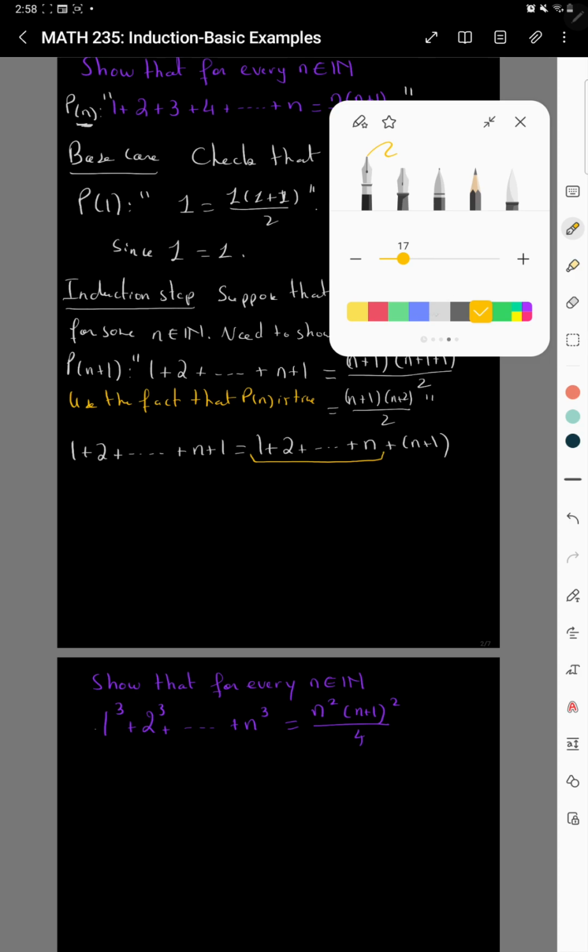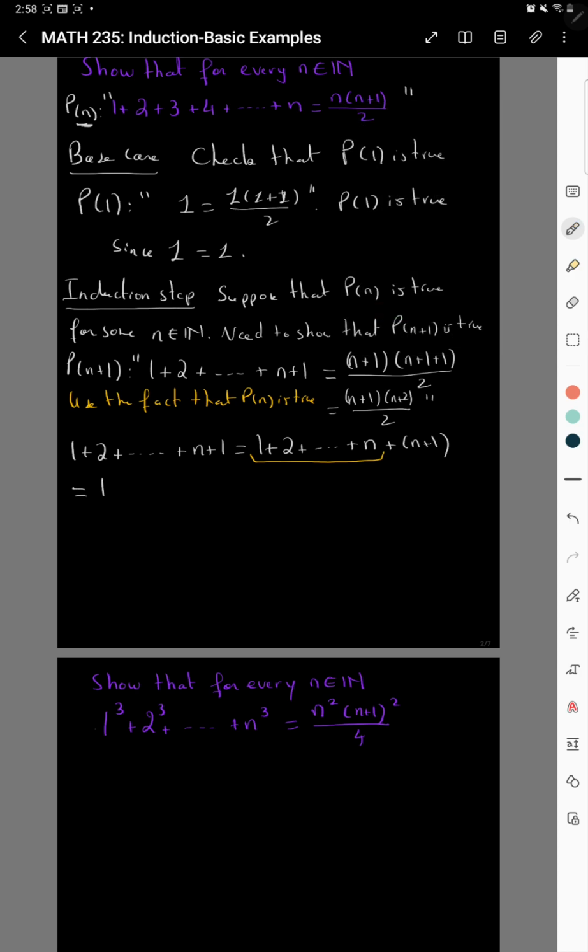If I combine the terms in such a way that I can see that P(n) is being used, then I might be on the right track, because by the induction hypothesis, I know that this term is equal to n times (n plus 1) over 2, by assuming that P(n) is true.